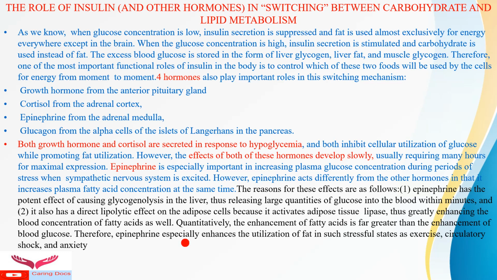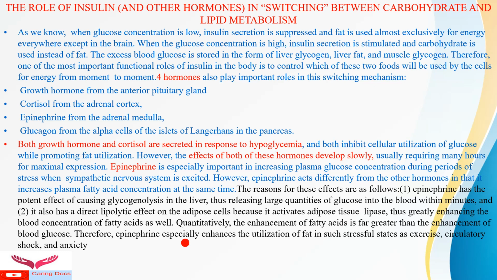Four hormones have an important role to play in this switching mechanism: growth hormone, secreted by the anterior pituitary gland; cortisol, secreted from the adrenal cortex; epinephrine, secreted from the adrenal medulla; and glucagon, from the alpha cells of the islets of Langerhans in the pancreas.